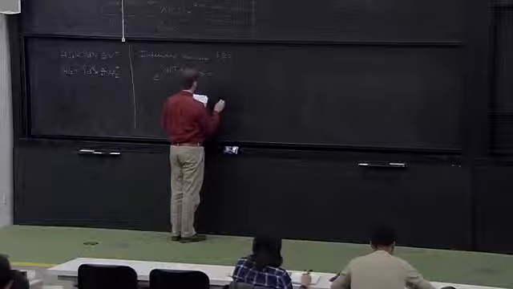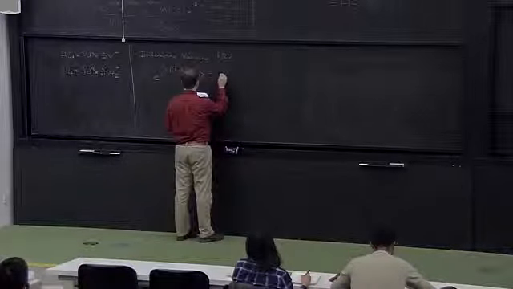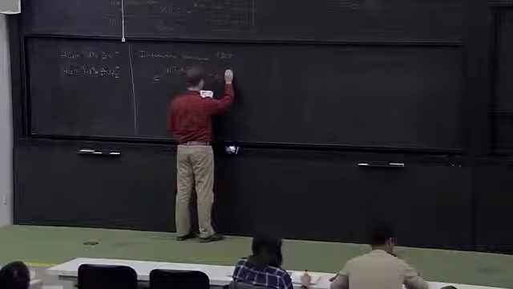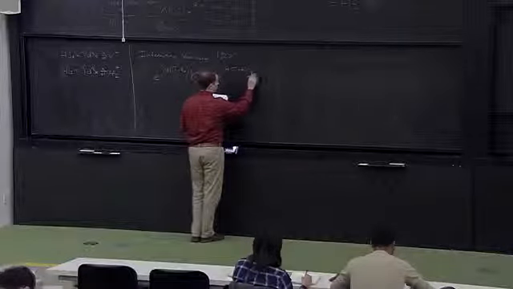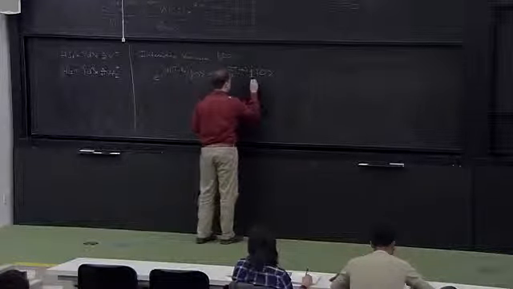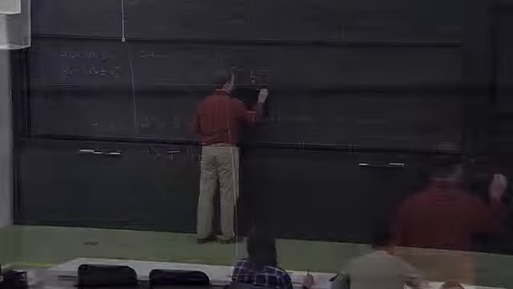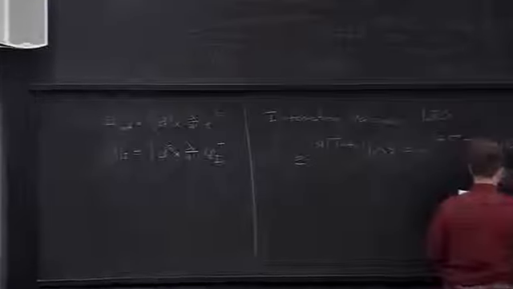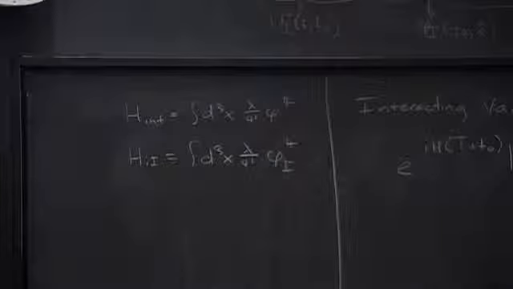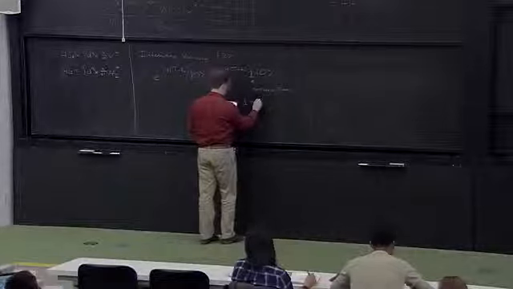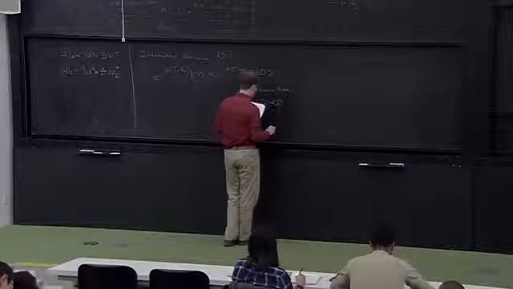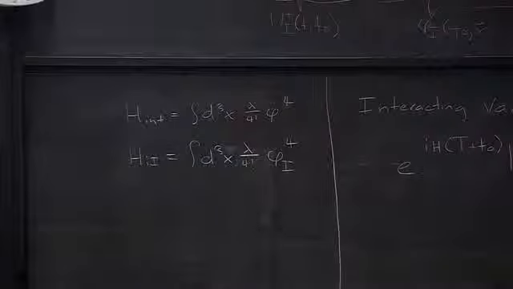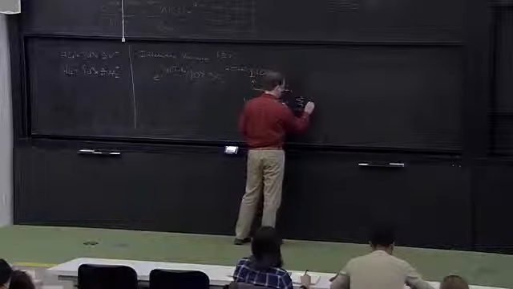And we can insert a complete set of states here, where we'll write 1 as |Omega><Omega| plus a sum or integral over all of the other states.